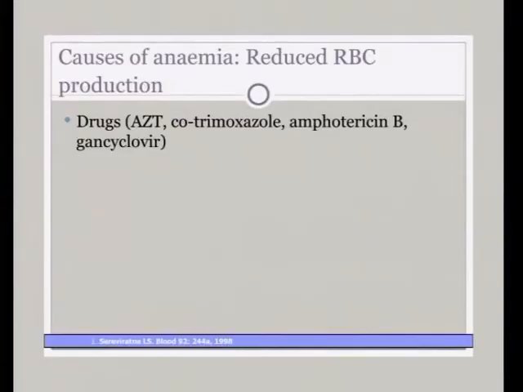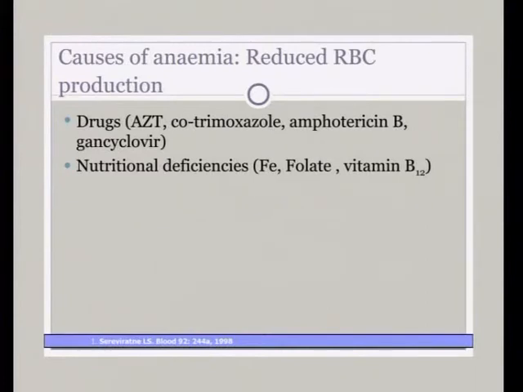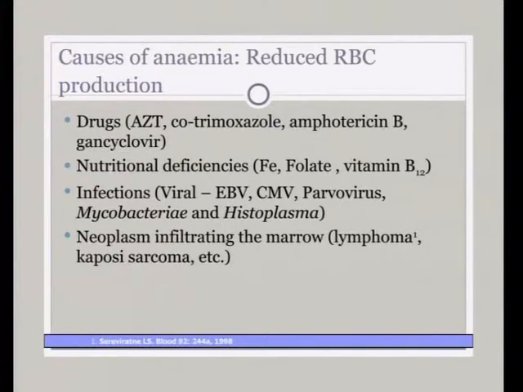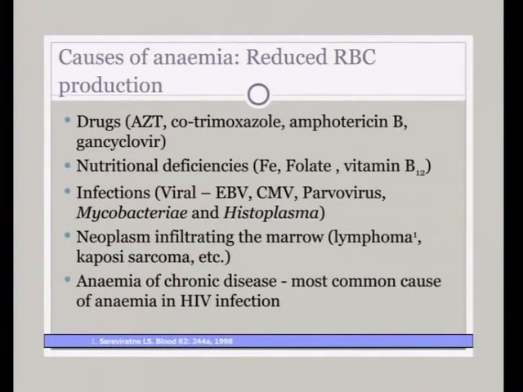These include the drugs that we treat patients with, nutritional deficiencies that are also common in patients with HIV because of malabsorption, infections with viruses, parvovirus, EBV, we'll say something more about parvovirus, mycobacteria, and then neoplasms that can infiltrate the bone marrow, of course. Anemia of chronic disease is probably the most important cause of anemia, and I think it's probably going to overtake anemia due to iron deficiency in a country like South Africa where we have a high prevalence of HIV.